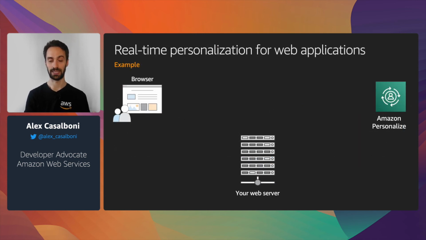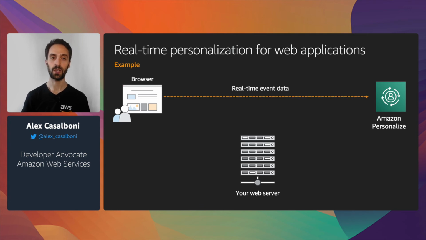Let's do an example. Let's see how it might work technically in the real world. Imagine you have your three-tier architecture. You have your web server, you have your database, you have the client-side application, maybe in a browser or in a mobile application. What happens is that your client side can stream data straight into Amazon Personalize. Something like, hey, I viewed this item, I've bought this item, or whatever happens in the client.